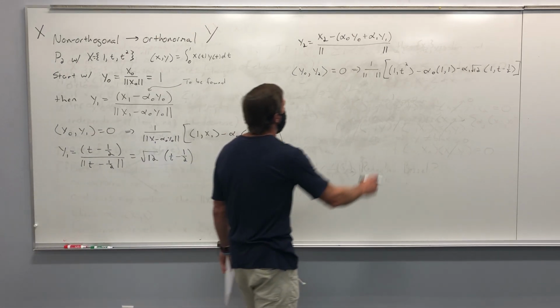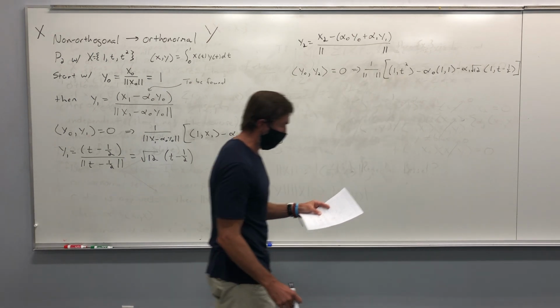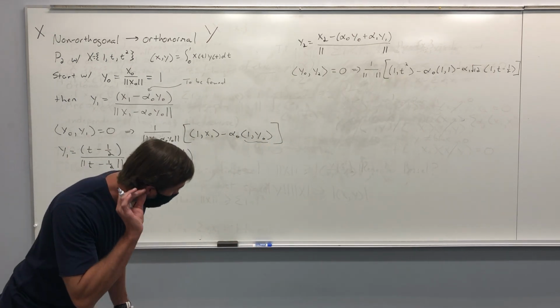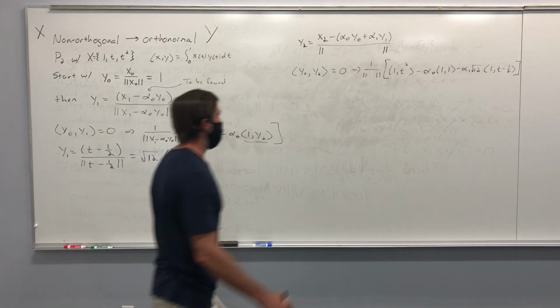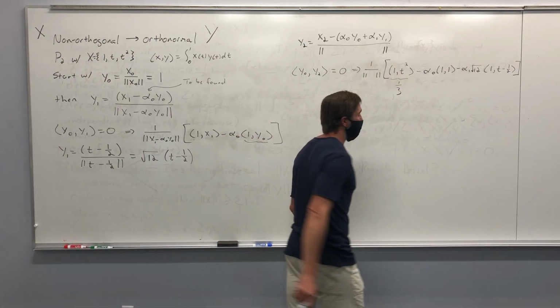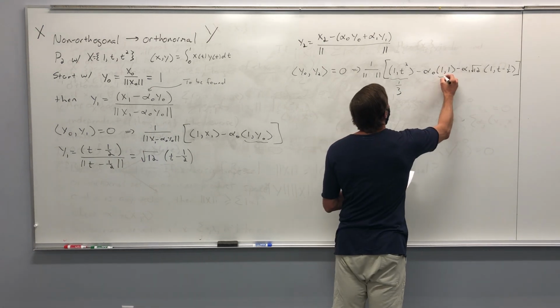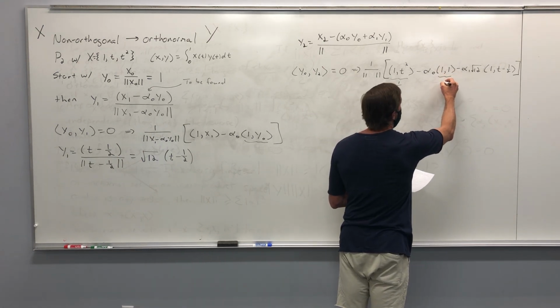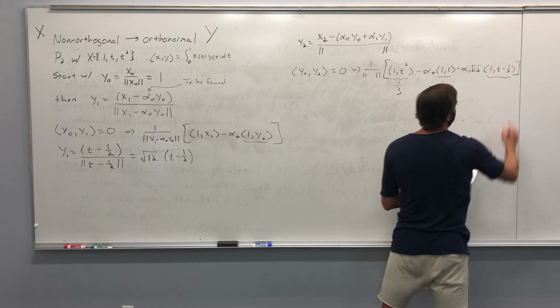Well, what is the inner product of 1 and t squared? 1/3. 1/3, thank you. What is the inner product of 1 and 1? 1. What is the inner product of 1 and t minus a half?